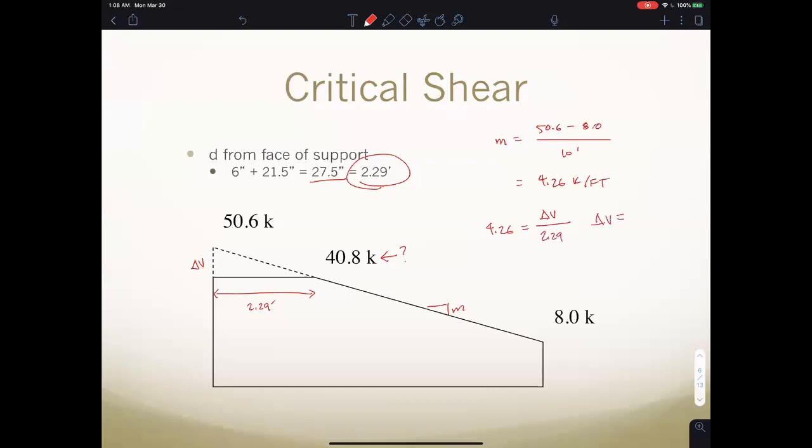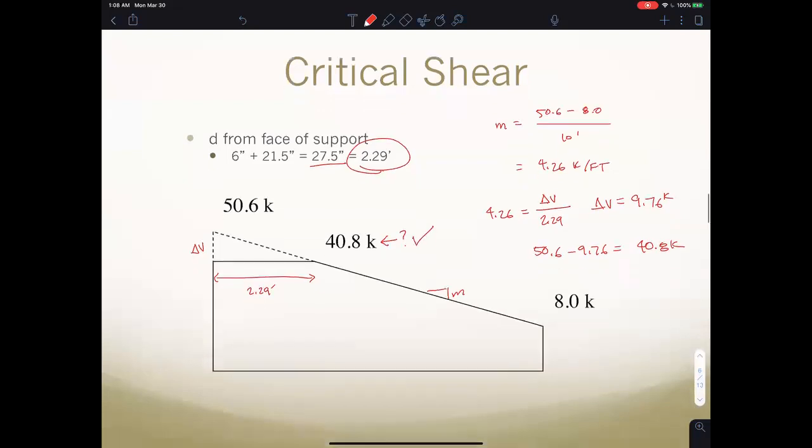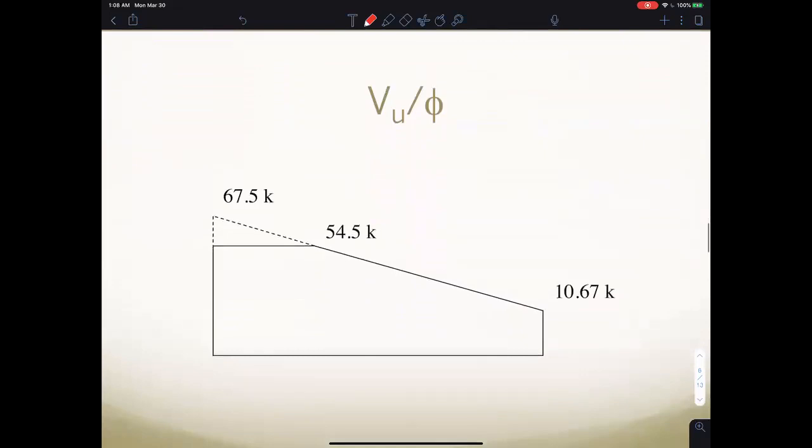Delta V equals 9.76 kips, and 50.6 minus 9.76 equals 40.8 kips. That's how I got this number there. Okay, divide everything by 0.75, and so these are the new numbers. This is the maximum shear.